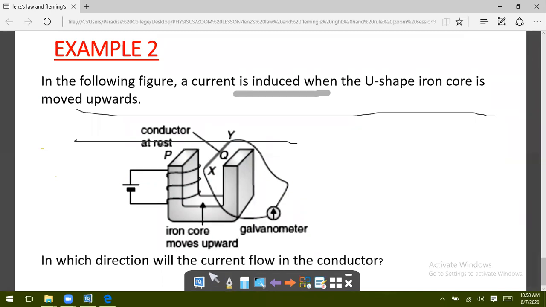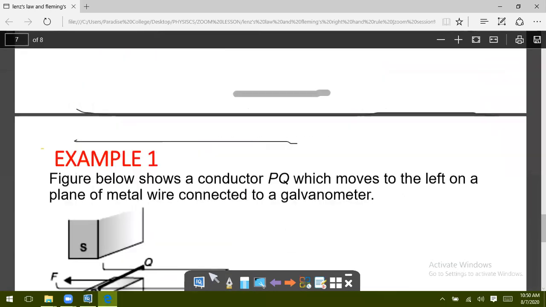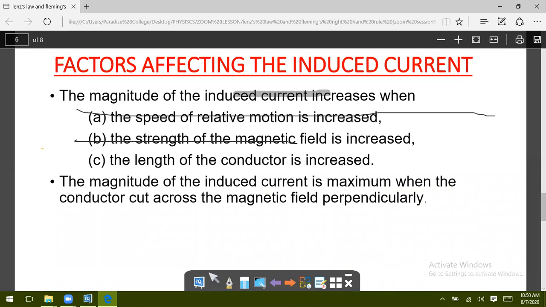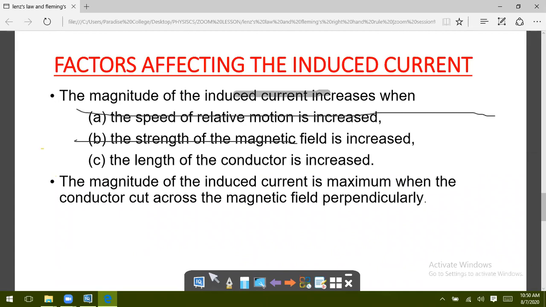Time is catching up. Finally, these are the factors that affect the induced current.